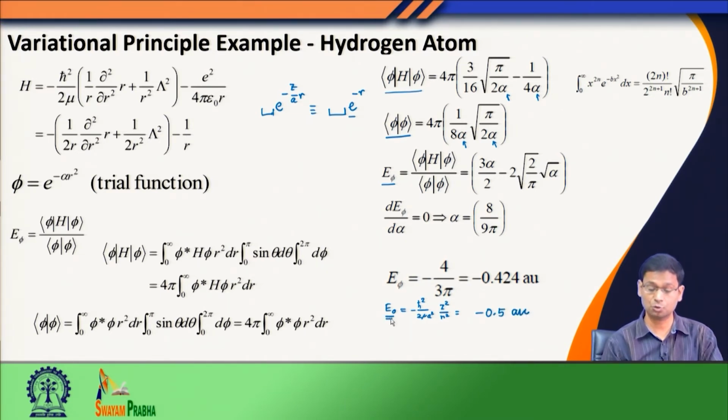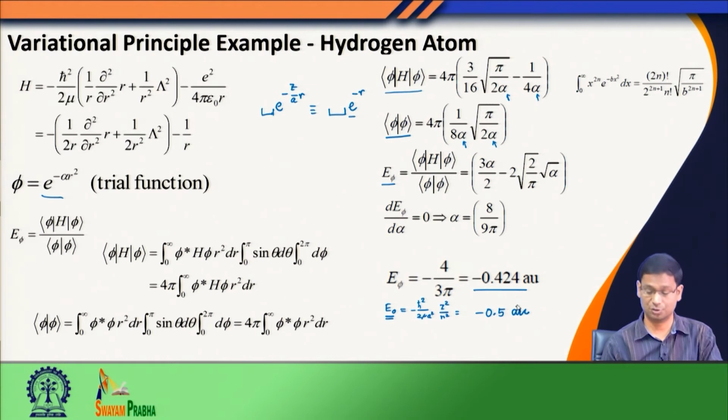So, this is the true energy, the exact energy that we know because we have solved this problem exactly. But this energy we are getting, minus 0.424 atomic unit, when we are taking a trial function here.